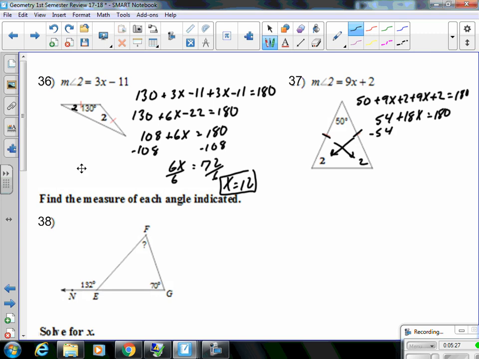Subtract 54 from both sides. 18x equals 126. And divide by 18. And that will be 126 divided by 18, which is 7.